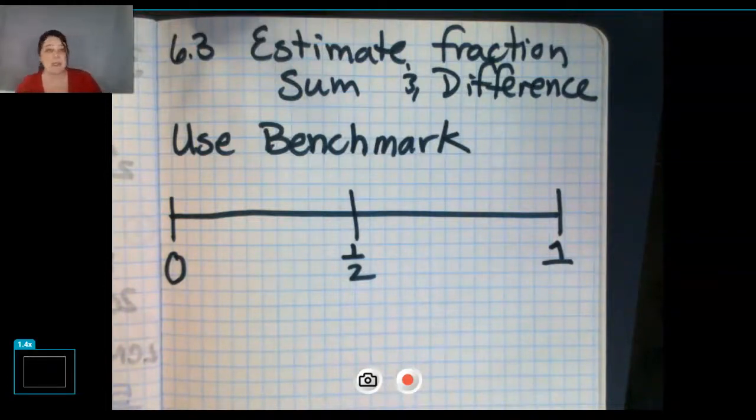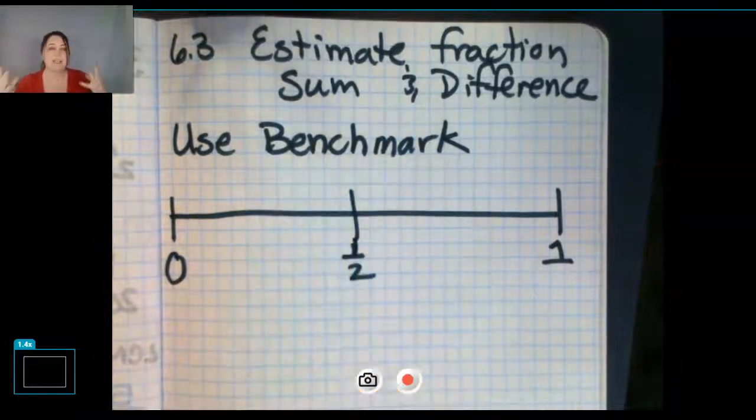It's really easy to add 1 plus 1. It's really easy to say 3 plus 1. It's easy to say a half plus a half is a whole. So that's kind of the reason why we use these benchmarks and we don't use 0, 1/4, 1/2, 3/4, and a whole, or any of the other multitude of fractions we could use.